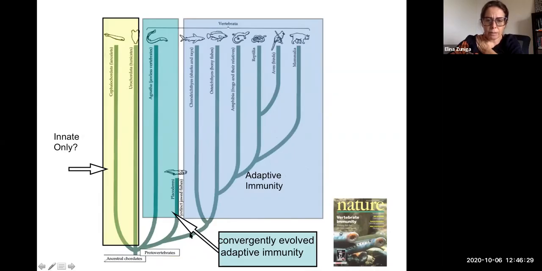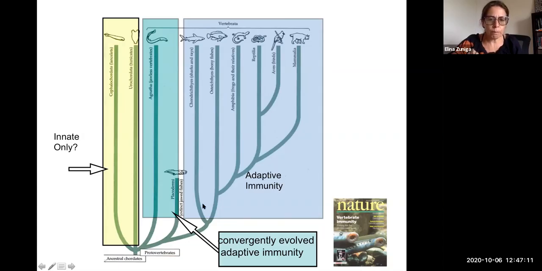It's interesting because there are these jawless fish, which are vertebrates, and they have evolved an adaptive immune system that is a little bit different from the one present in other vertebrates, including mammals. It has been convergently evolving adaptive immunity, which speaks to the need for the evolution of adaptive immunity to defend against certain pathogens that were infecting vertebrate animals.